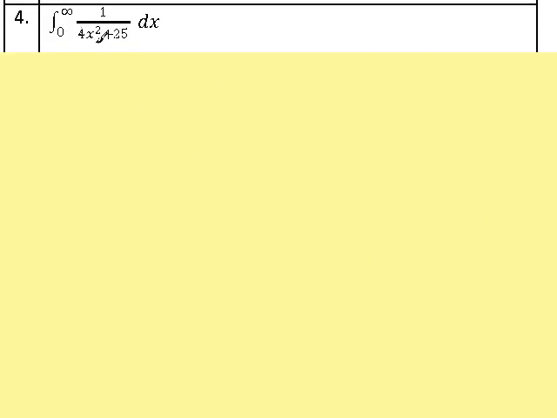All right, in number 4, we are going to start the same way, replacing infinity with r. And let's write this as 2x squared plus 5 squared, so that it looks like an arctan derivative.